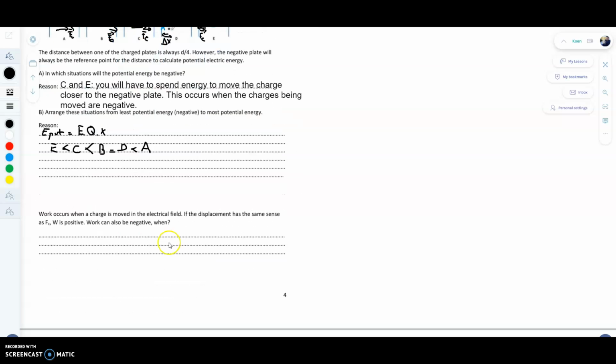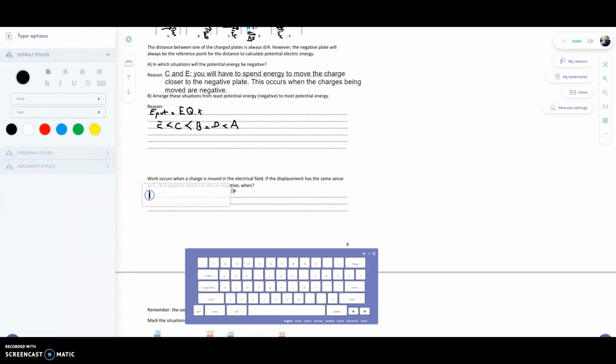Okay? Now, work occurs when a charge is moved in the electric field. If the displacement has the same sense as your Coulomb force, work is positive. Work can also be negative. When? Well, when the displacement is opposite to the force that should cause it.